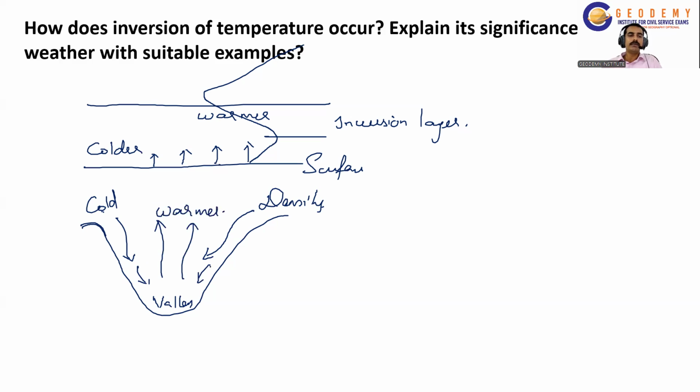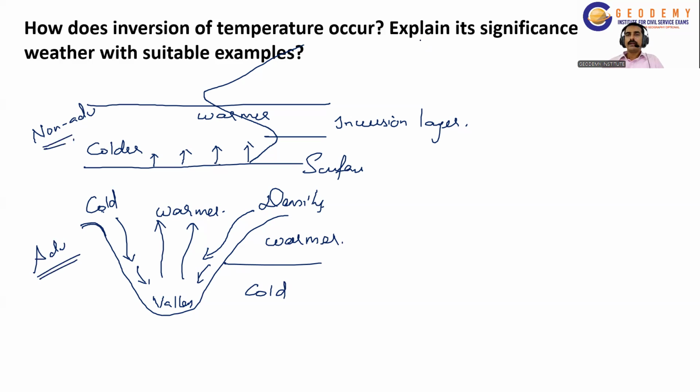After this, the valley region will have cold air mass, and nearer to the top it will be relatively warmer. So this is also a condition for inversion of temperature. This is an example for advectional inversion.